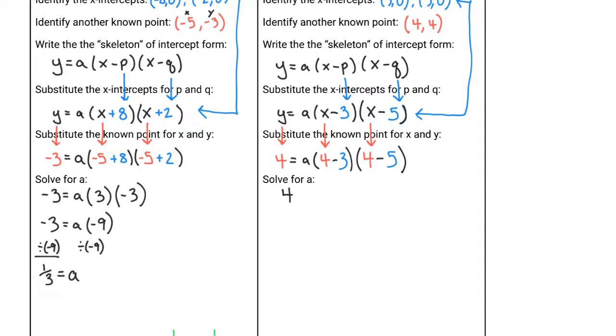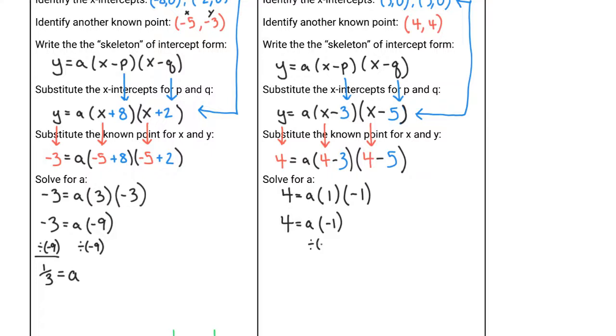So let's see, we have 4 equals A times, let's see, 4 minus 3 is 1. 4 minus 5 is -1. So we have A, 1 times -1 is just -1.